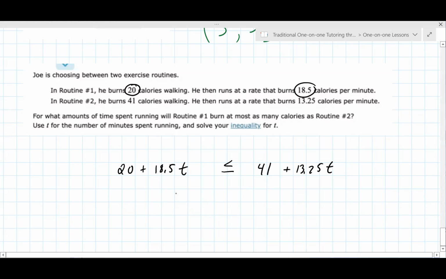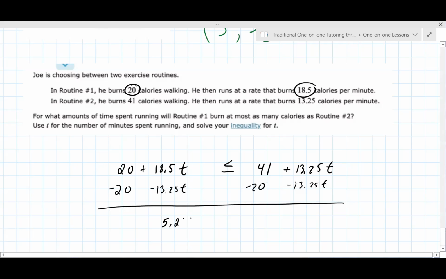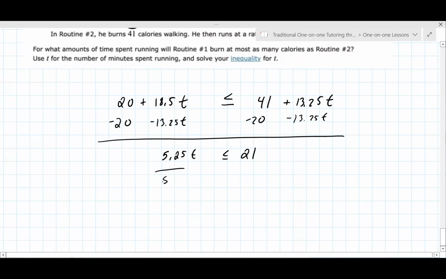To solve this, you're going to move the 13.25 T to the left and subtract the 20. So you're looking at 5.25 T less than or equal to 21. Then you divide both sides by 5.25, and T is less than or equal to 4.